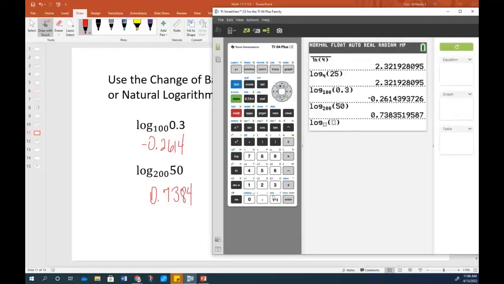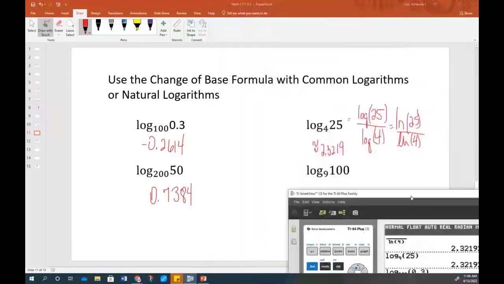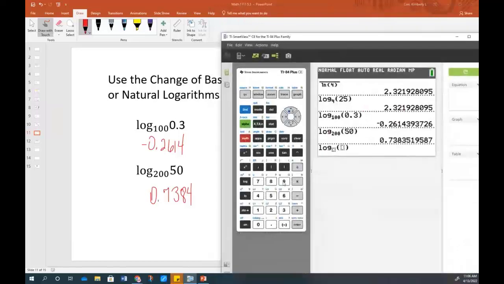Math, alpha math, and that was base 9 of 100, log base 9 of 100, and so we just couldn't possibly do this in your head.